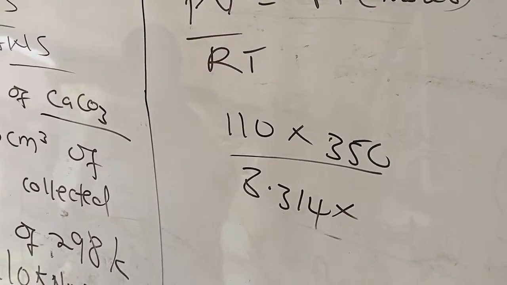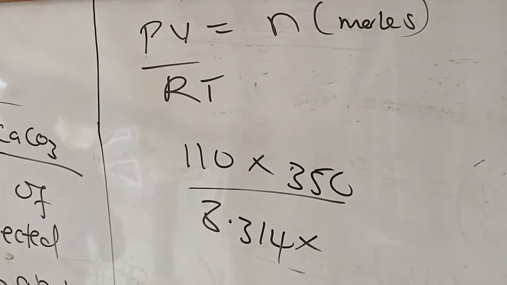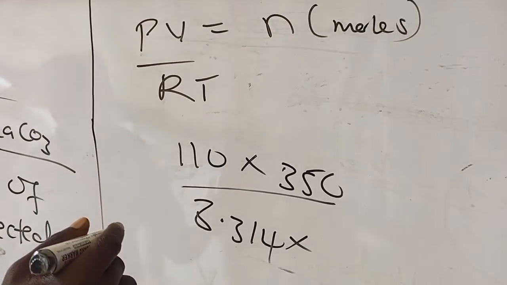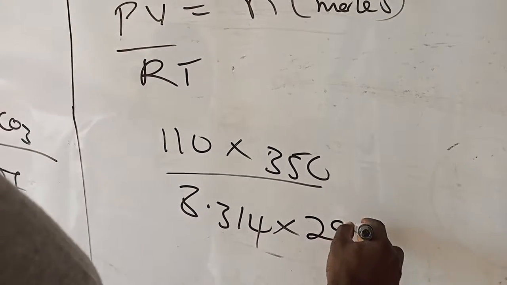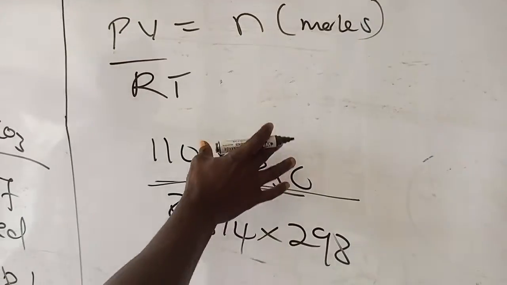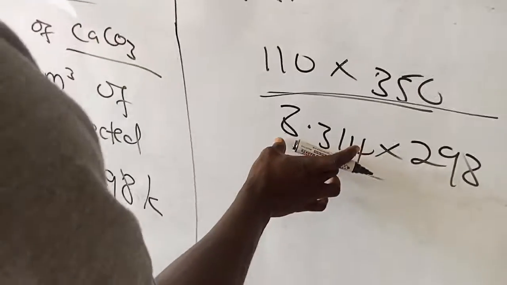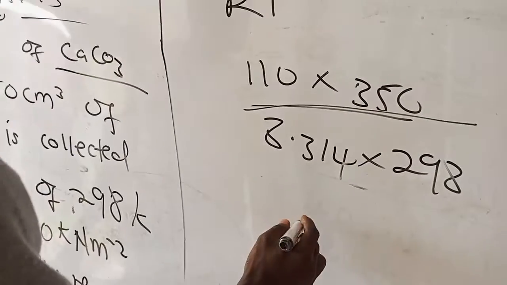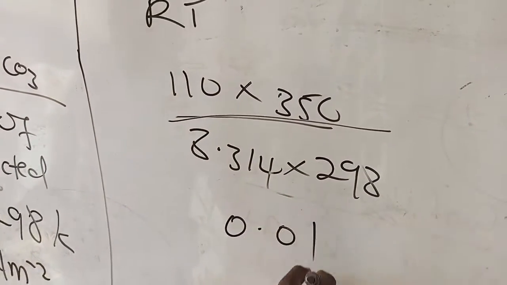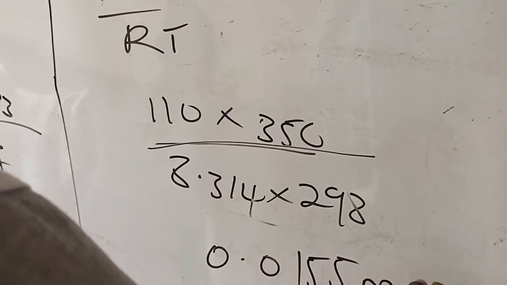Then our temperature is also given to be 298 Kelvin. So now you multiply these, take the product, and then divide. You see that you get 0.0155 mole.